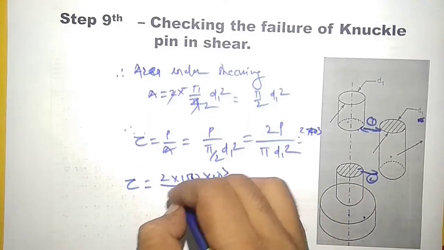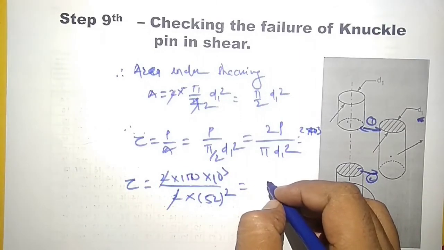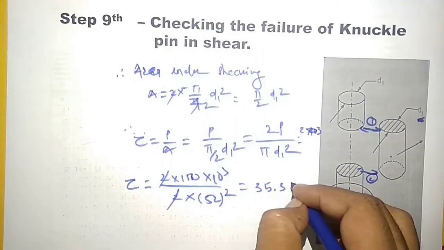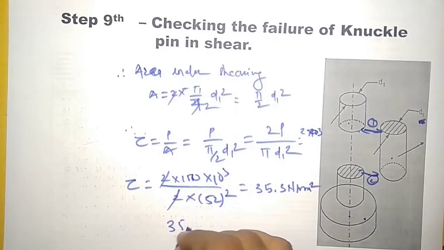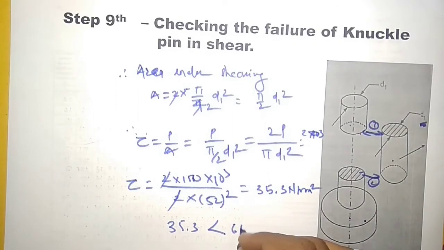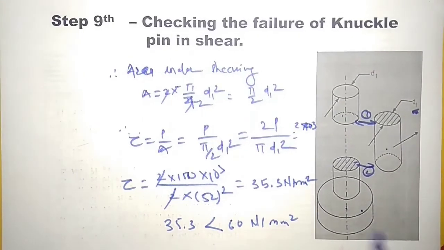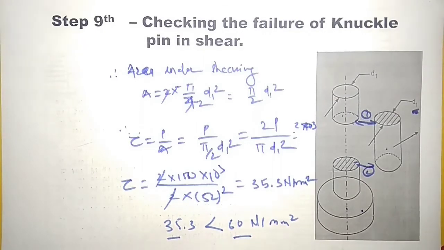The value becomes 35.3 Newton per mm square, which is less than 60 Newton per mm square, the given permissible stress. This is permissible and this is induced. So all the induced stresses are less than the given permissible stresses, hence our design is safe.